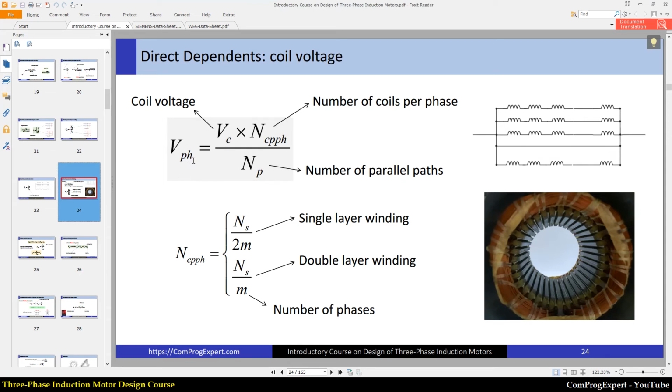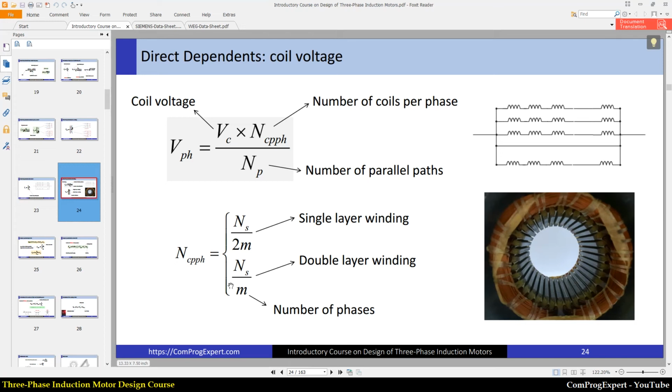The phase voltage is equal to the coil voltage times the number of coils per phase divided by the number of parallel paths. As you know, the number of coils for a single layer winding is equal to the number of stator slots divided by 2 times M. M is the number of phases, right?